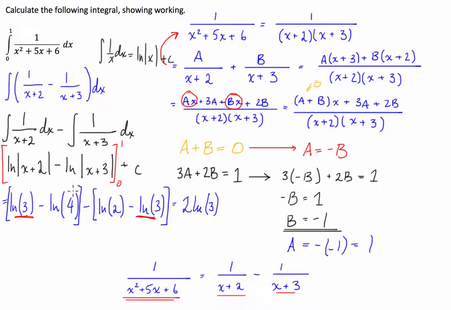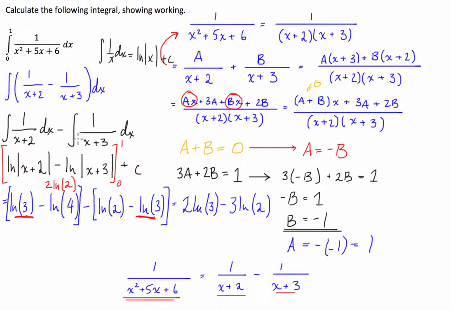Now ln of 4, this piece here, is the same as saying minus 2 ln of 2, because 4 is 2 squared, and we can then take the index out the front. So now we've got negative 2 ln 2, take ln 2, is going to be take 3 ln 2.